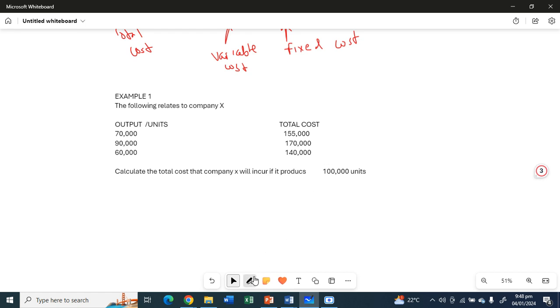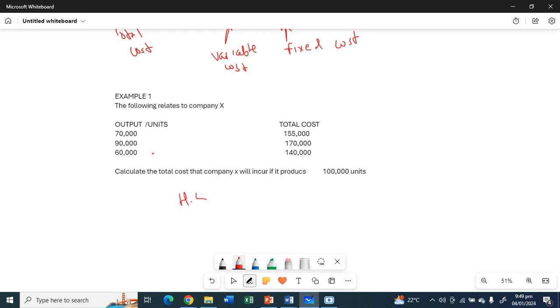So using the high-low method, the first thing that you want to do is determine the highest output and the highest cost, the lowest output and the lowest cost. Usually in questions they won't just give you a little information like this. There'll be a lot of information, and you have to choose the highest output and highest cost, the lowest output and lowest cost.